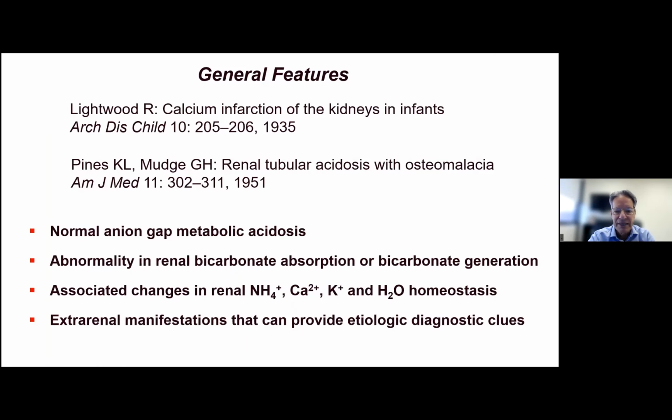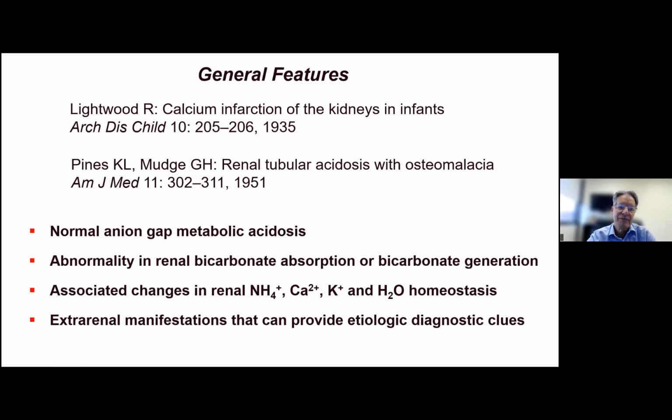So even prior to that is the question of where the word RTA or the concepts of RTA appeared in the literature. And really, if you go back in time, the first evidence that there was such an entity really wasn't associated with an acid-base abnormality. It was Lightwood, and it was a pathology article where, in retrospect, children who had RTA were likely being described, even though it wasn't well recognized at the time.